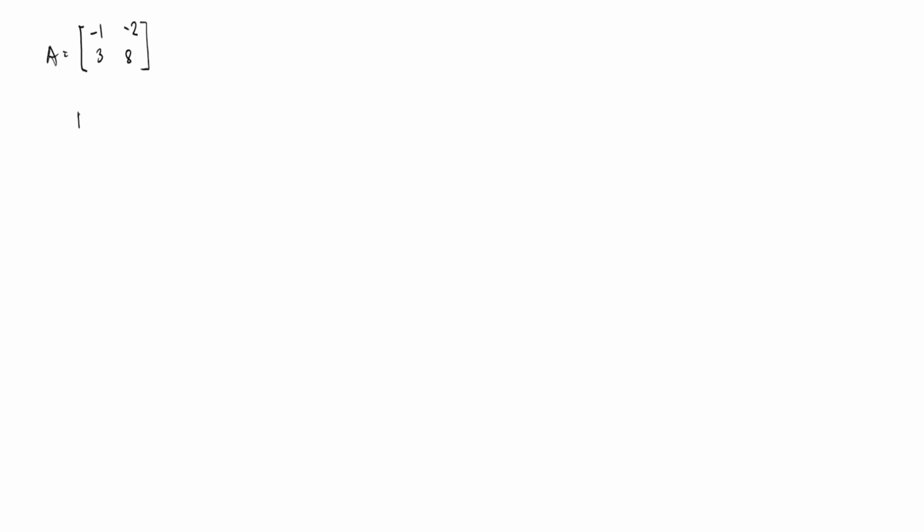So we write the matrix here. We have the elementary row operations, and then the corresponding elementary matrix here. Again, we want to write this in reduced row echelon form.